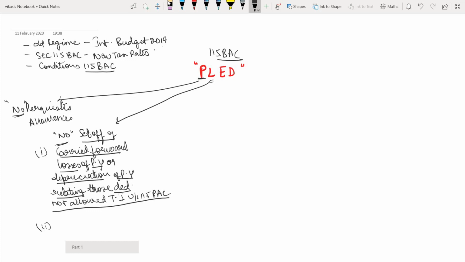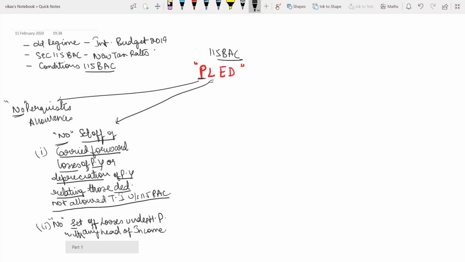And the second point is that no set off of losses under house property with any head of income. Now what does it mean over here?